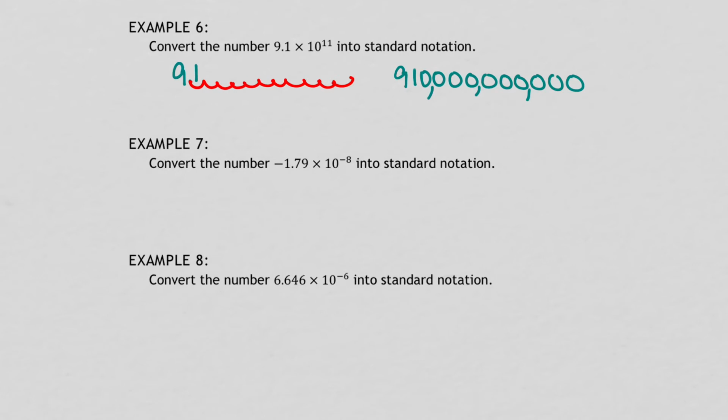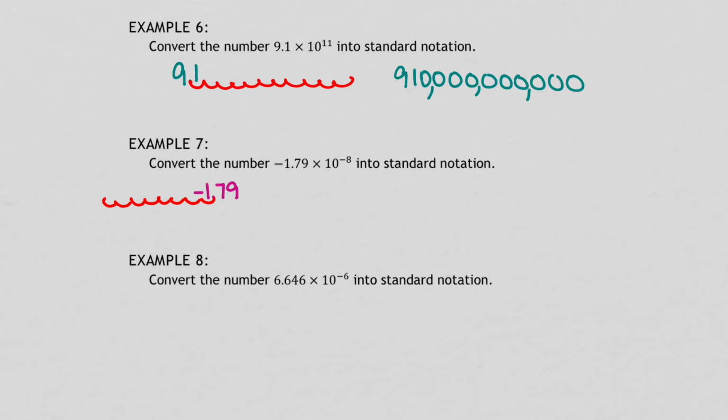For example 7, this time we have a negative exponent. We've got negative 1.79 times 10 to the negative 8th. So since it's negative, we need to create a smaller number by moving our decimal to the left 8 places. 1, 2, 3, 4, 5, 6, 7, 8.